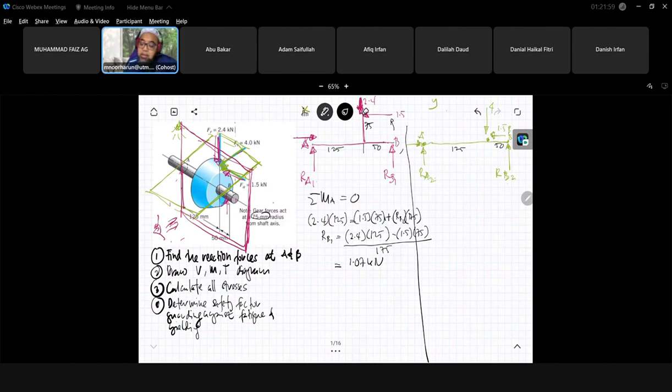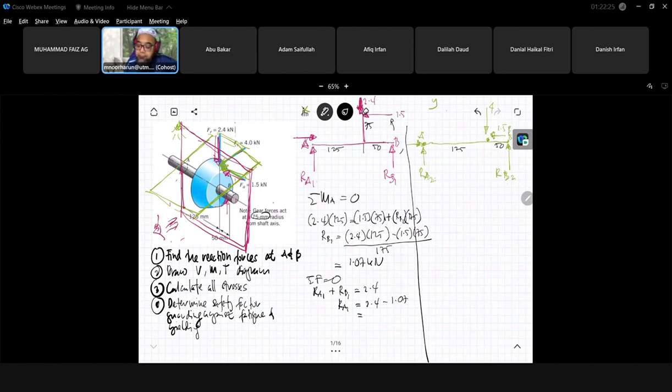So kemudian, the next one is RA1. So sum of forces equal to 0. So RA1 plus RB1 equal to 2.4. So you akan dapat RA1 equal to 2.4 minus 1.07.